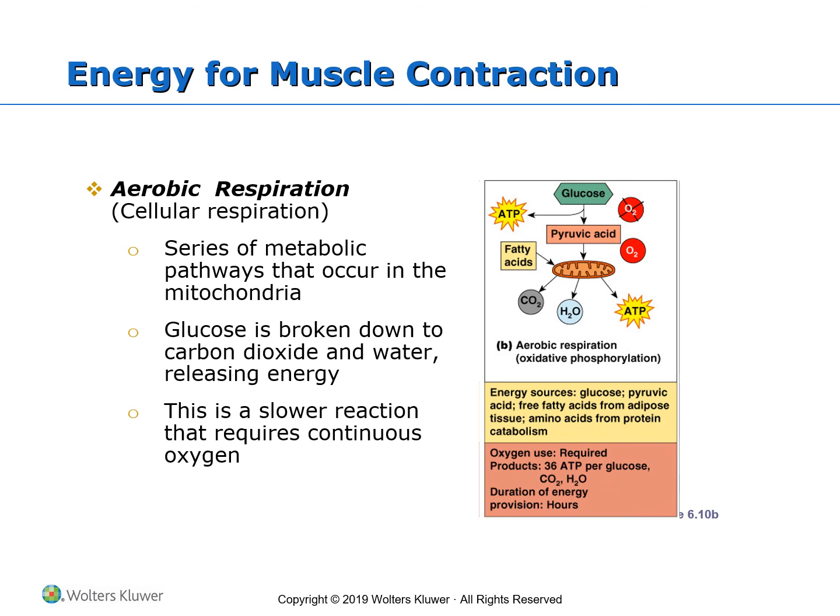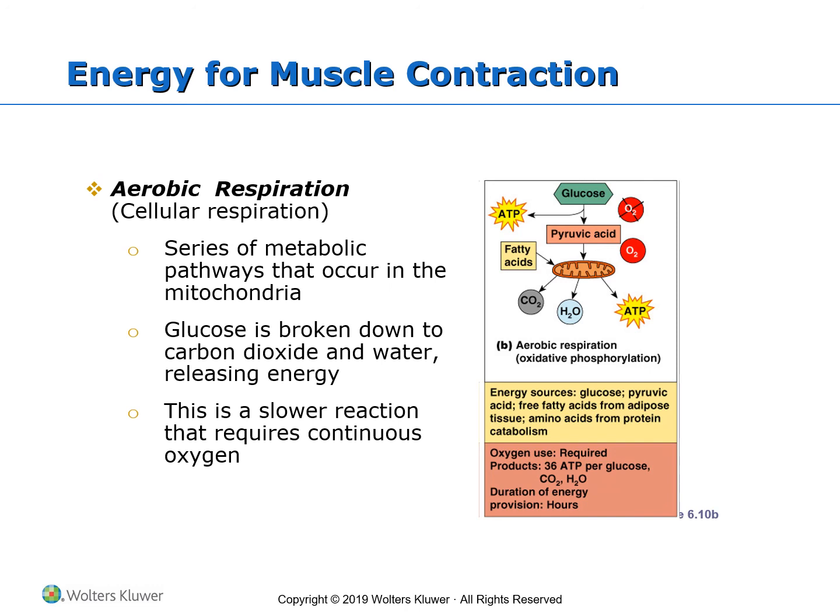muscular tissue. So if you follow this little graph, you will see that glucose can become pyruvic acid in the absence of oxygen and will release some ATP.